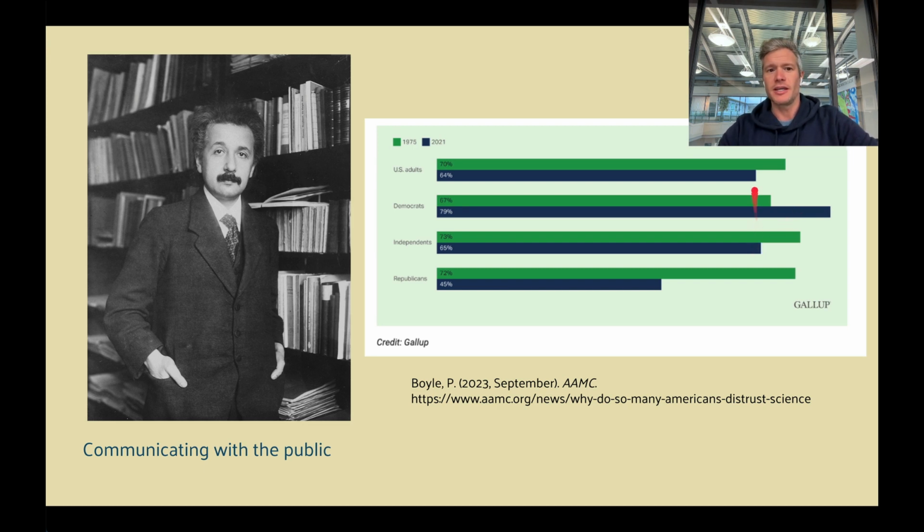Independents, maybe we could argue, has decreased a bit, but a very significant decrease in Republicans, where back in 1975, there's a lot of trust in the scientific community and then very little today. And while I think this speaks a little bit to the politics that were occurring in the States in 2021, I think at a larger overall percentage in stats, I think that's reflected there. And this lack of capacity for science to communicate effectively to the general population.